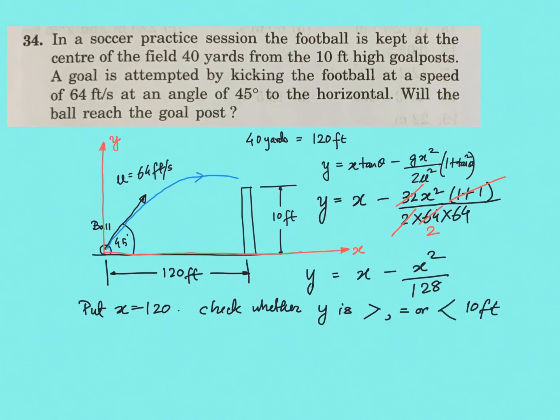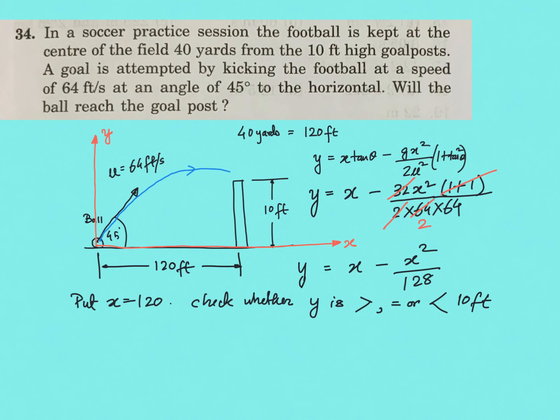So now let us substitute x as 120. So y is equal to 120 minus 120 squared divided by 128. You can take 120 common. So 1 minus 120 by 128.